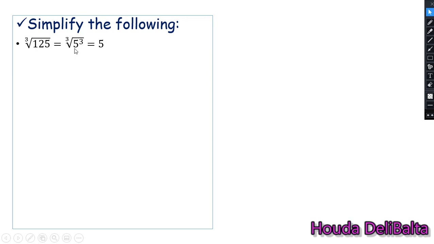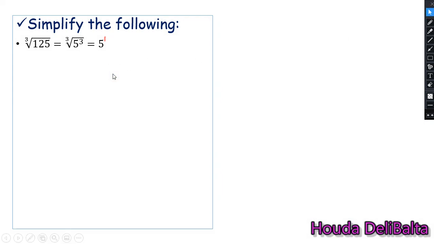And I search for powers that suit the index: cubed, or 6, or 9, or any multiple of 3. So 5 cubed is going to be 5. I carry it out from this cubic root as 5 because, as in radicals, I'm dividing this power by the index. So I will get 5 to the power 1.